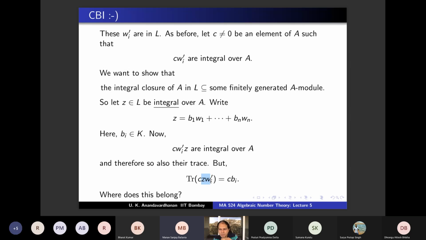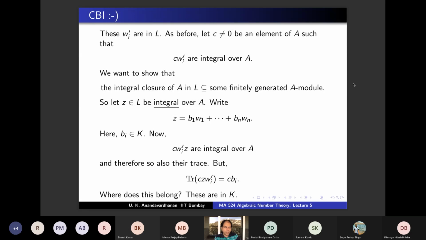That way also you can say: the Bis are in K and C is in A, which is in K. So C Bi is in K. Either like that, or this was in L, therefore its trace is in K. Either way, these are in K.